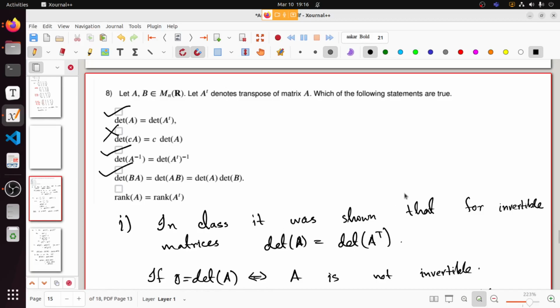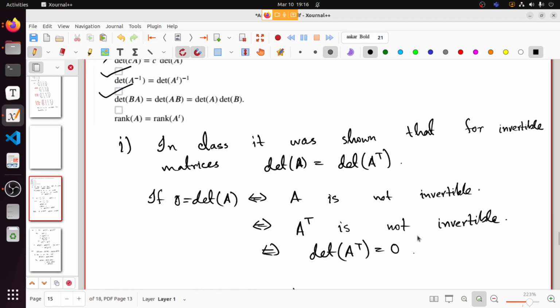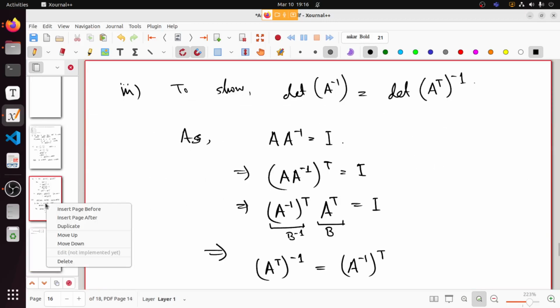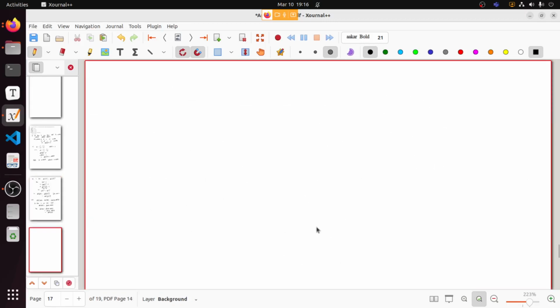Now what is option number 5? Rank of A is the rank of A transpose, right? So let's check. Option number 5, rank of A is rank of A transpose.